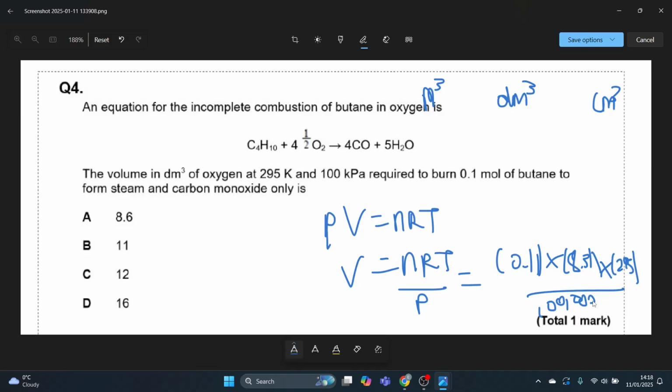So I can find out the volume of butane and then just times by 4.5. 0.1 times by 8.31 times by 295 divided by 100,000. But while volume is measured in meters cubed, I want it in dm cubed, so I need to times by 1,000. 2.45, but then I need to times by 4.5 because I want the volume of oxygen. And therefore I get 11.